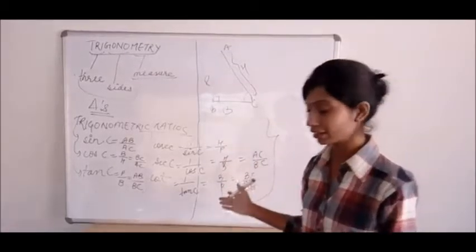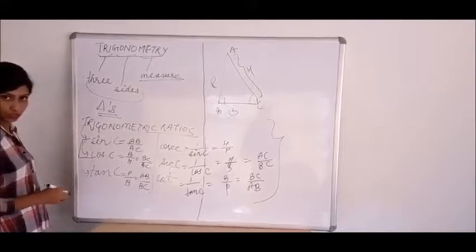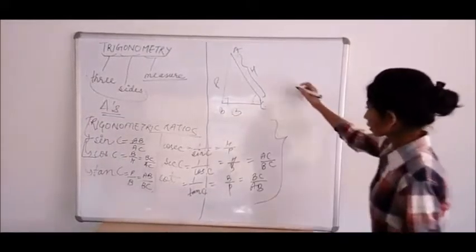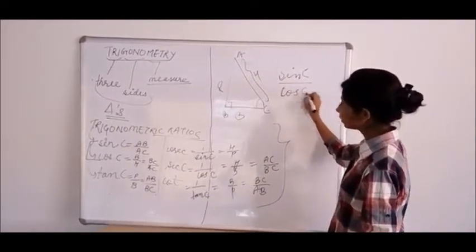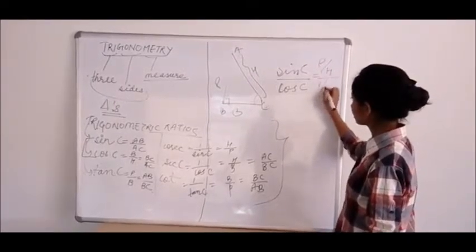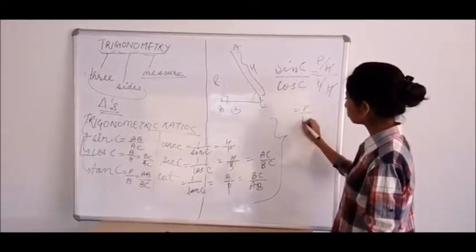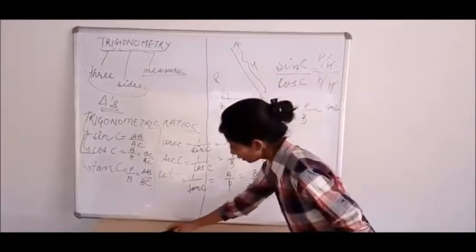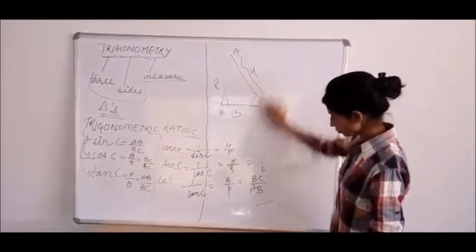We can see from here that if we divide sine by cos, we will get tan. Suppose we have sine C and below it cos C. That is P upon H over P upon H. We cancel the H, then we get P upon B, which is nothing but tan of C. We have understood the 6 basic trigonometric ratios.